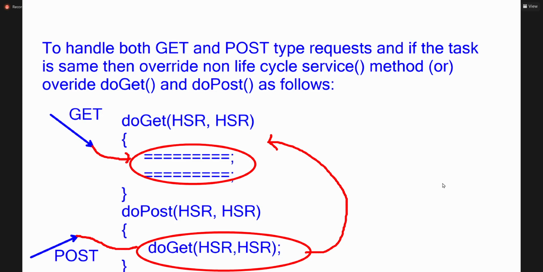What I said, I said non-life cycle service method, or this one also you can use. To handle both get and post type requests, and if the task is same, then override non-life cycle service method or override doGet and doPost as follows. So instead of writing non-life cycle service, use this concept.